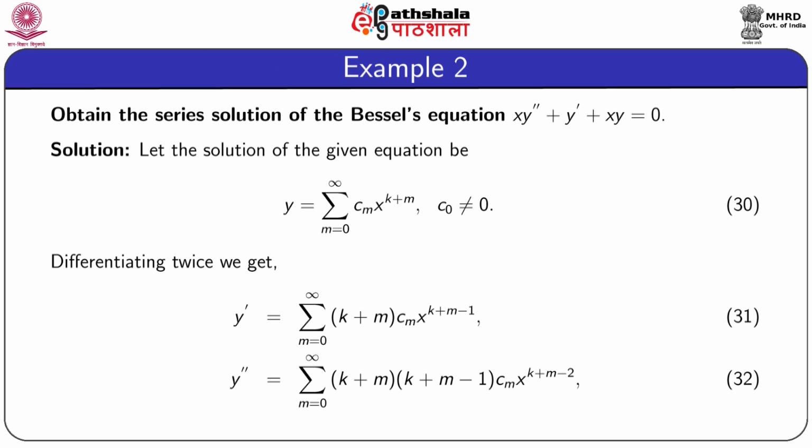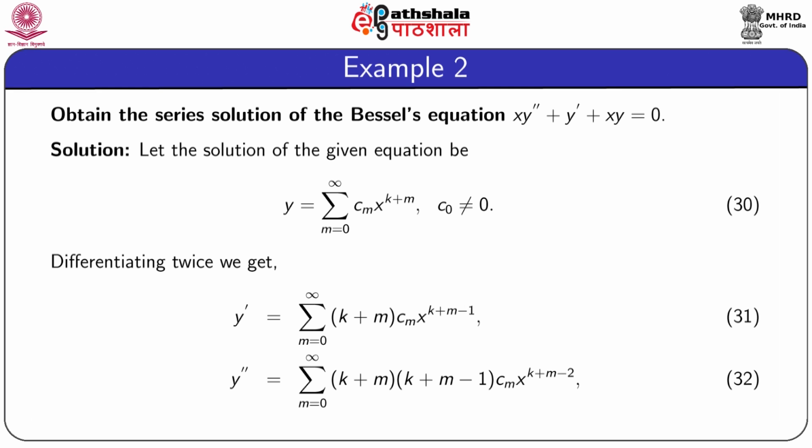In example 2, we obtain the solution of the Bessel's equation x y'' + y' + x y equal to 0, where we have taken n equal to 0. We consider the solution of the form y equal to summation m equal to 0 to infinity c_m x^(k + m), where c_0 not equal to 0.